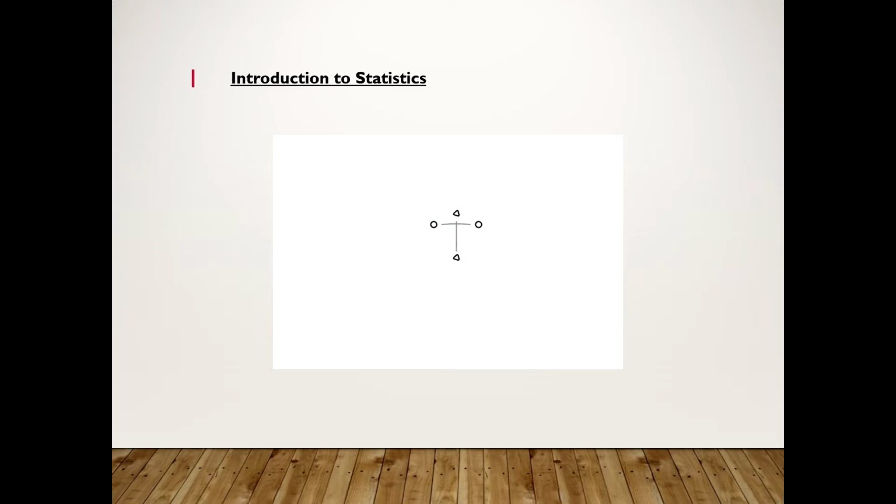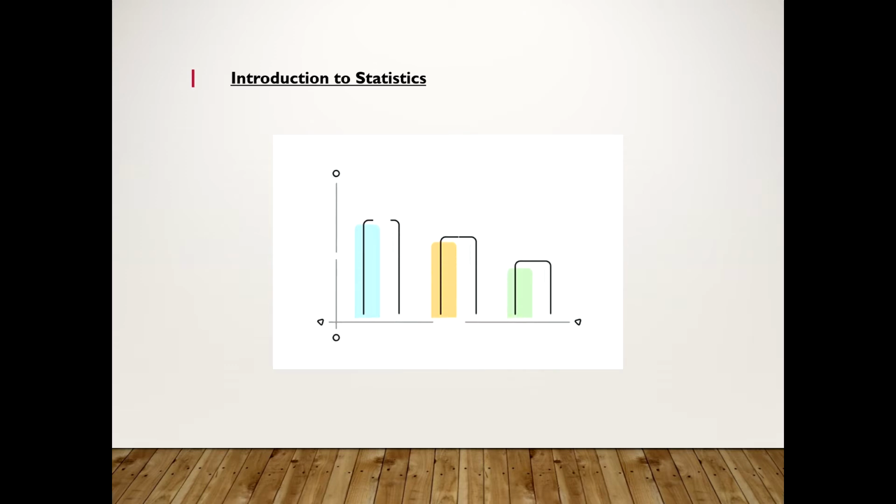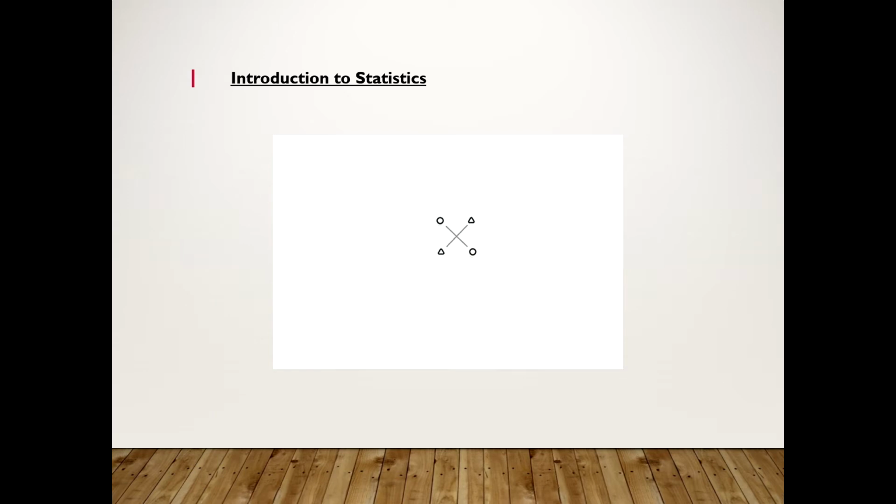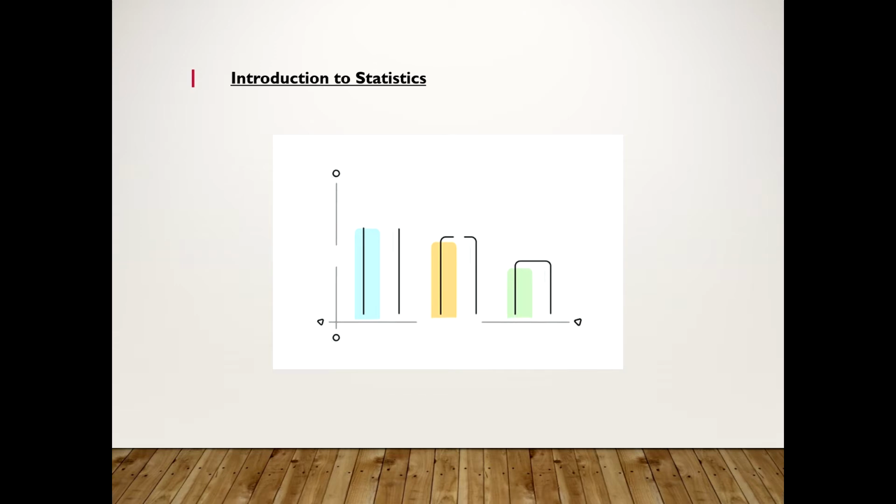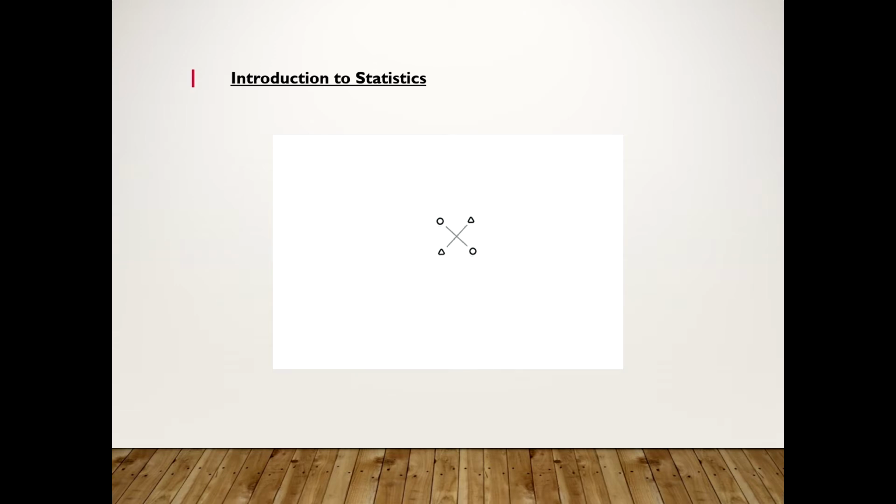So let's get started. First of all, the main question that comes into our heads is, what is statistics? Statistics is a branch of applied mathematics that deals with data collection, organization, analysis, and interpretation.